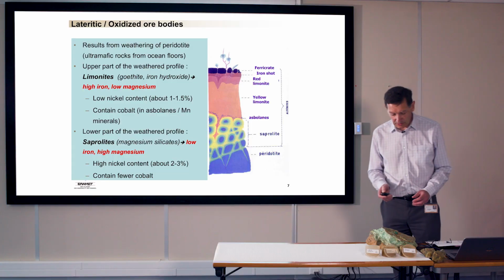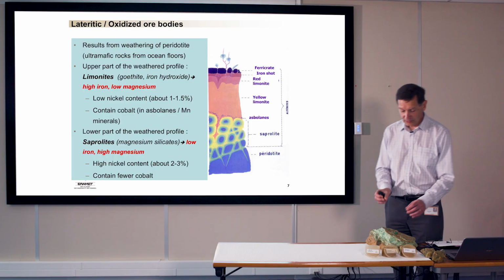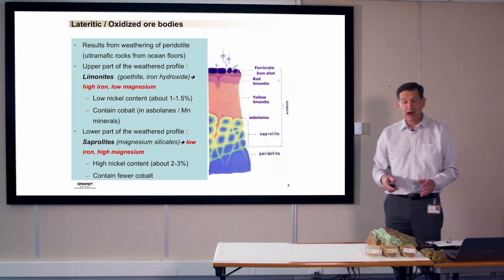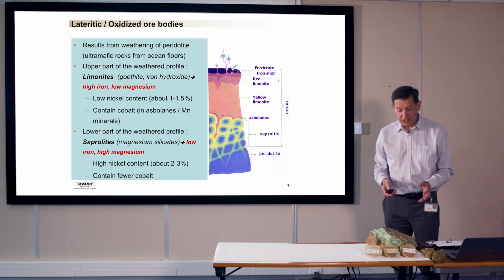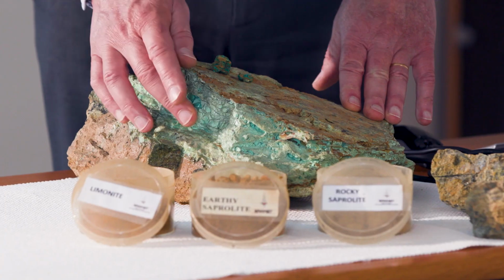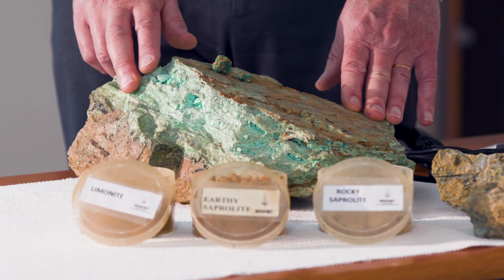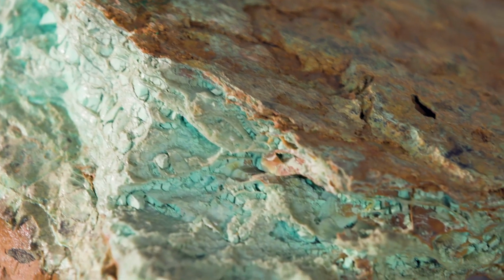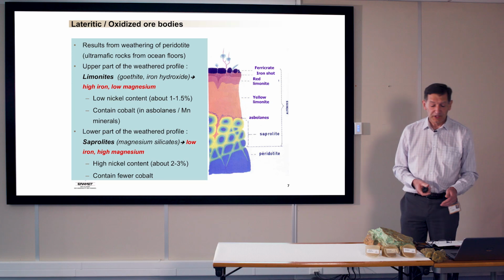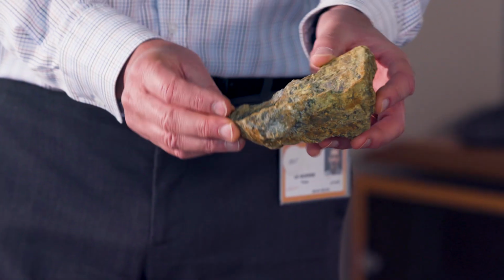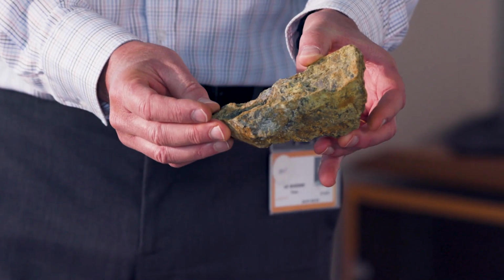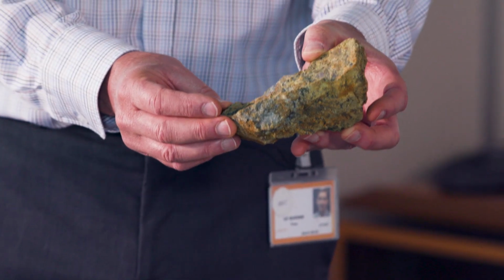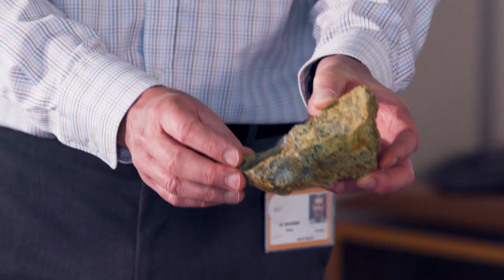To give you some examples of such ore, we are used to say that nickel is green, and you are right. In this sample you see green parts containing nickel, but mostly you find such ore. It's green, brown, with some white particles.